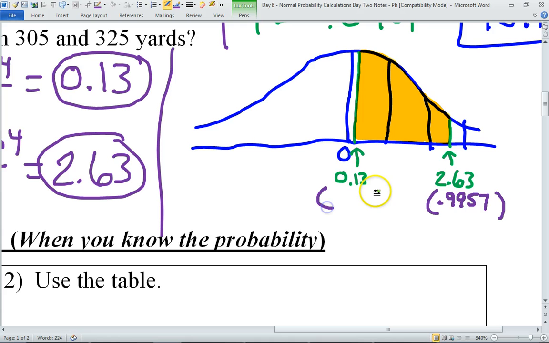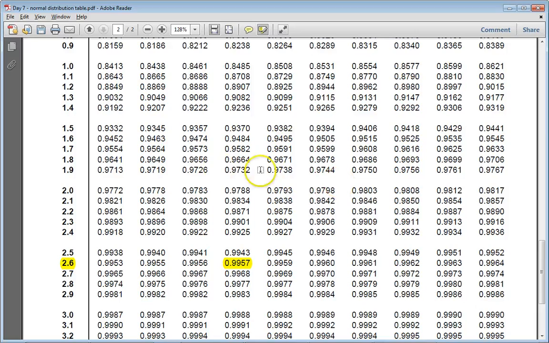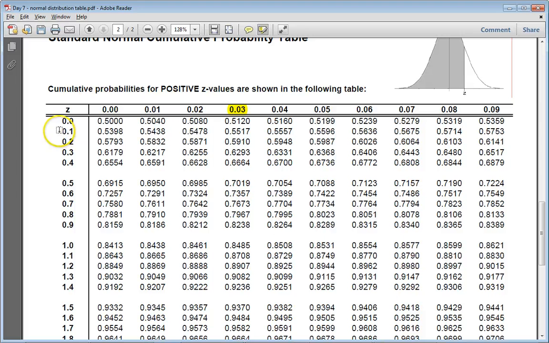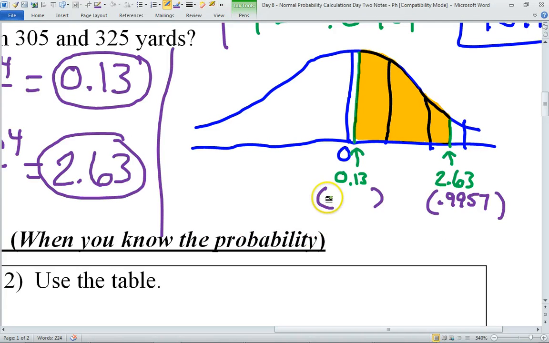Now, the lower number, 0.13. Let's find that on the chart. So 0.1 is right here, and 3 is right here. So 0.13 is going to be this number right here, 0.5517.